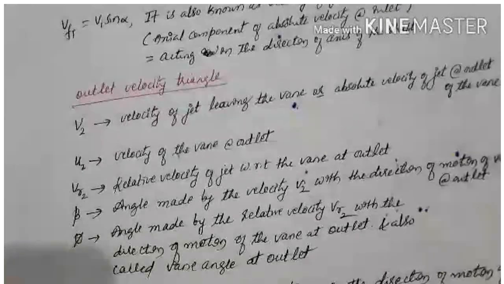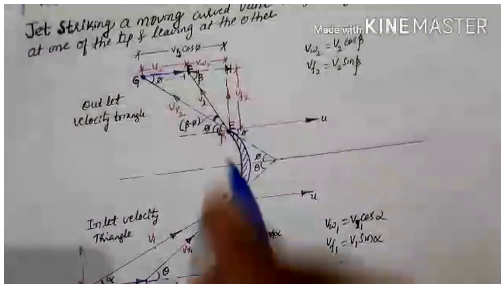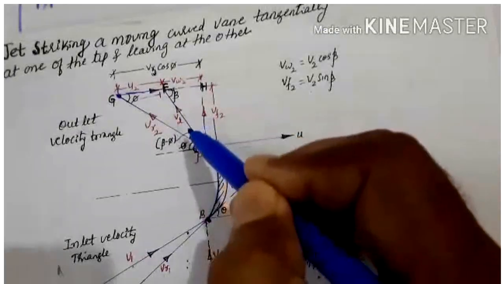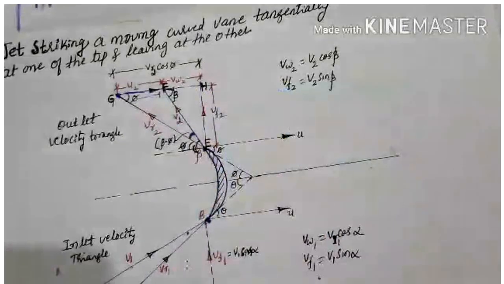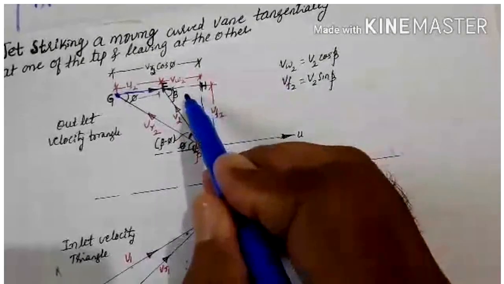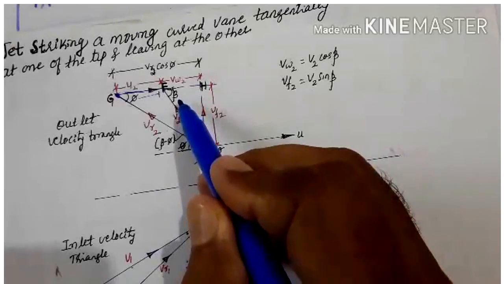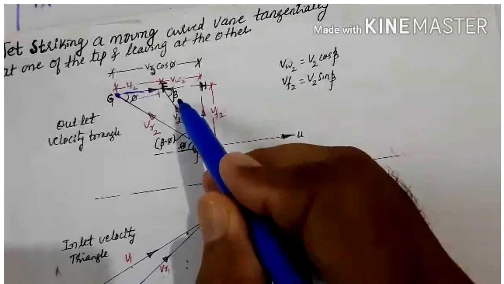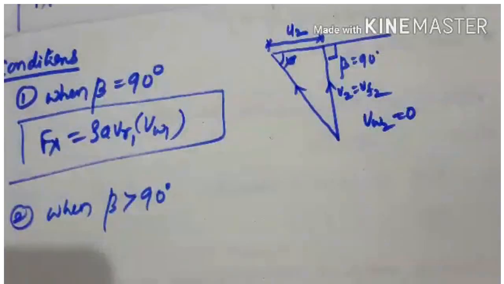Here beta represents the angle made by the velocity V2 with the direction of motion of the vane. When this beta is greater than 90 degree, how will the figure be?